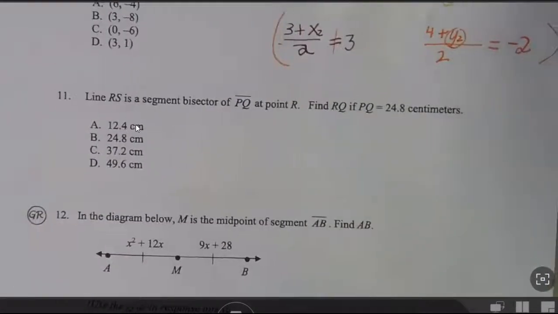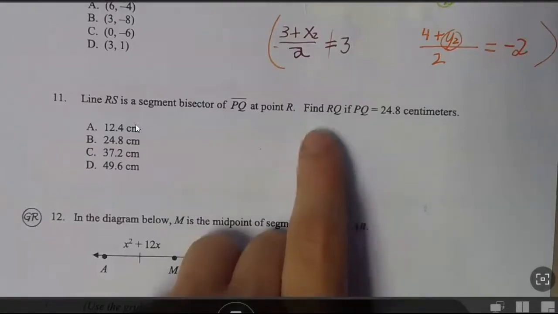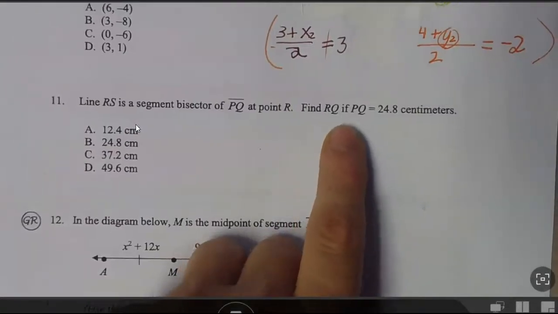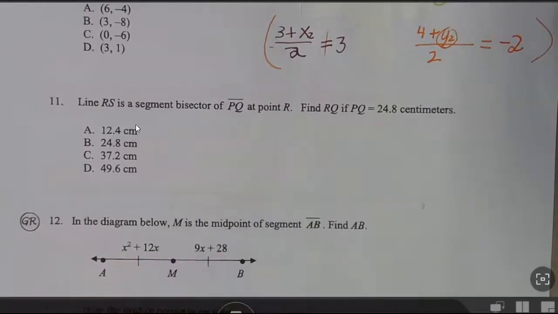All right, 11. Line RS is a bisector of PQ at point R. It says find PQ, or I'm sorry, find RQ if PQ is 24.8 centimeters. So this is a good one to draw out.